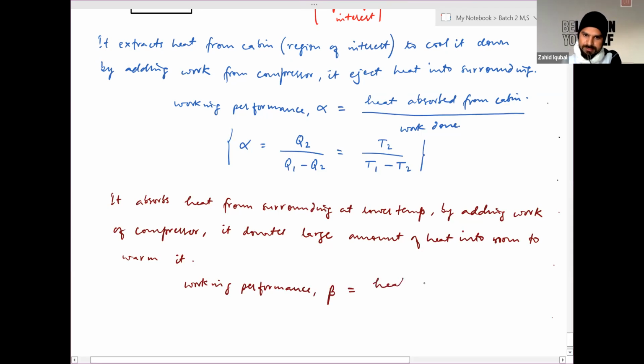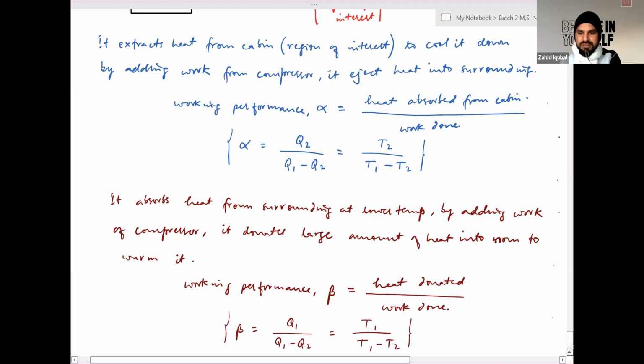So heat donated divided by work done by the compressor. So beta equals heat donated Q1 over work done Q1 minus Q2, or in terms of temperature, it will be T1 divided by T1 minus T2.